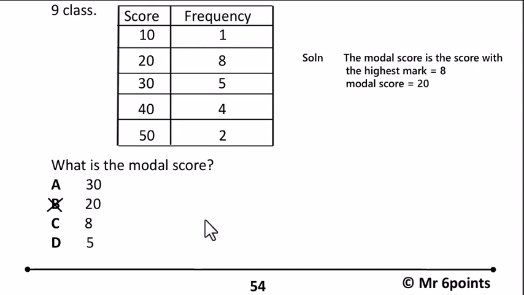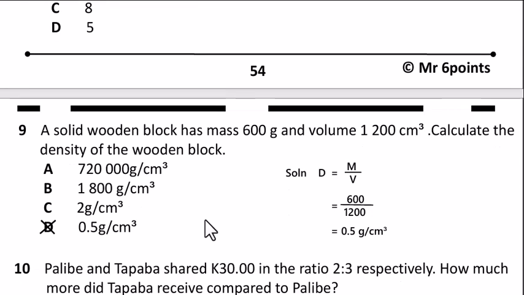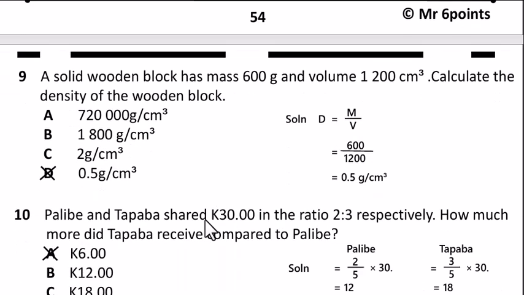Then we move on to question 9. A solid wooden block has a mass of 600 grams and a volume of 1200 centimeters cubed. Calculate the density of the wooden block. Density is equal to mass over volume. In this particular case, our mass is 600 grams and our volume is 1200, so it's just a matter of substituting.